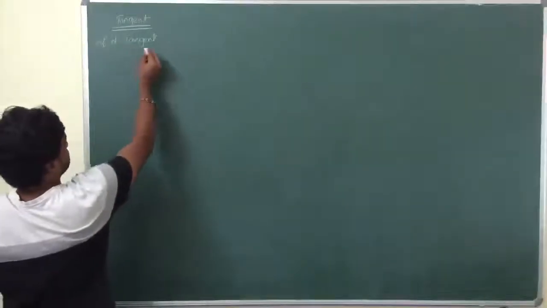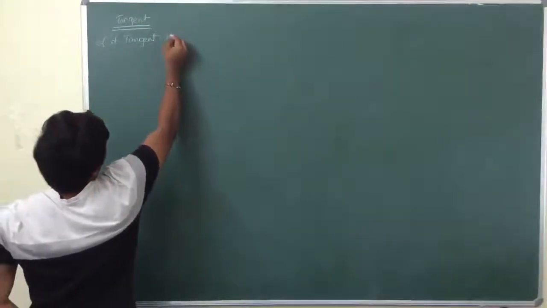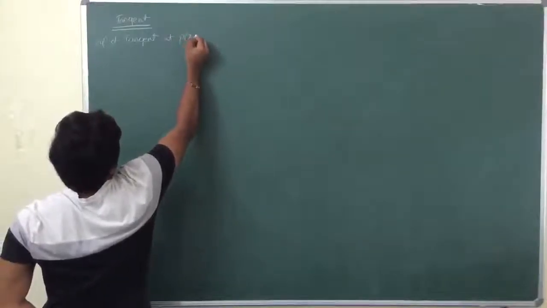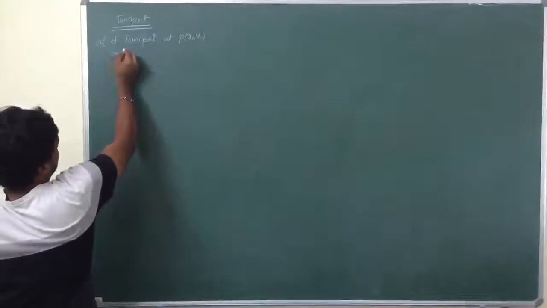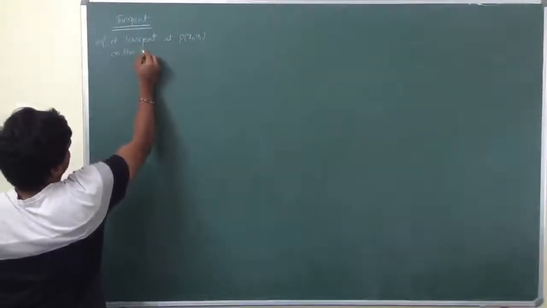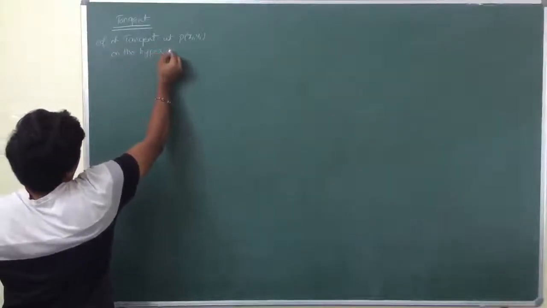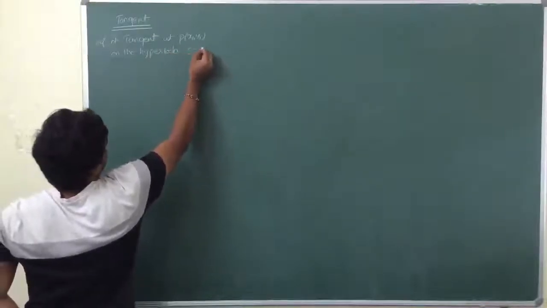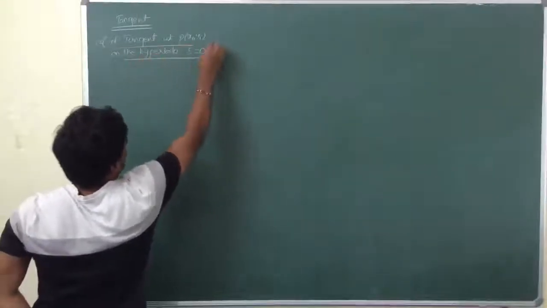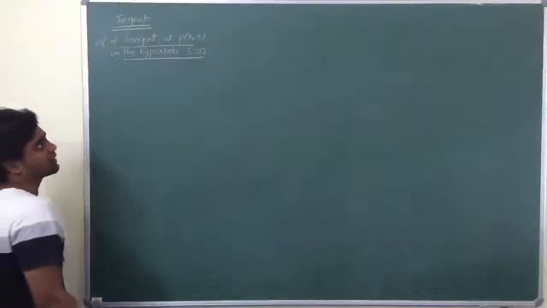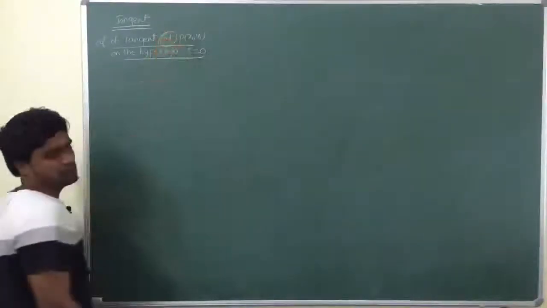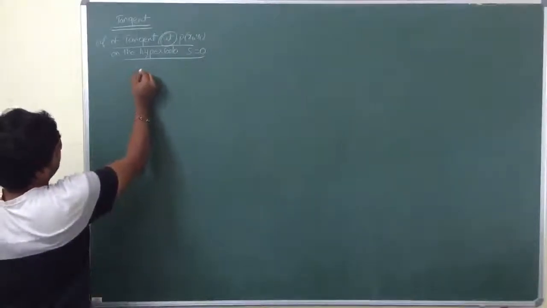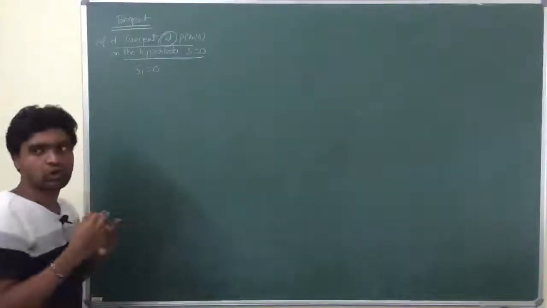Now, equation of tangent at (x1, y1) on the hyperbola, where S is equal to 0. Equation of tangent at a point: S1 is equal to 0. No doubt in that.